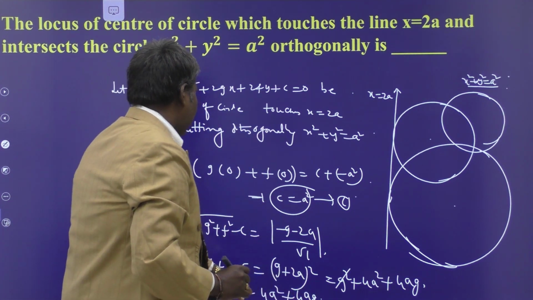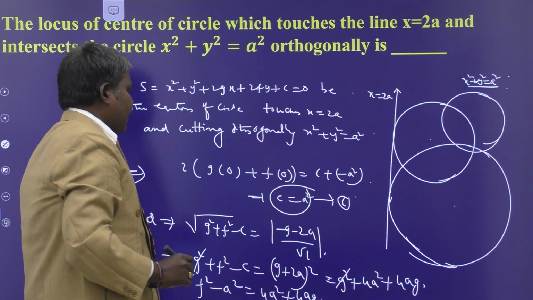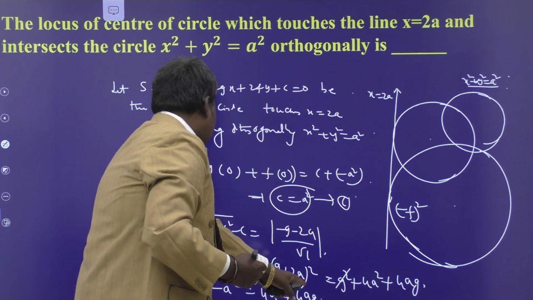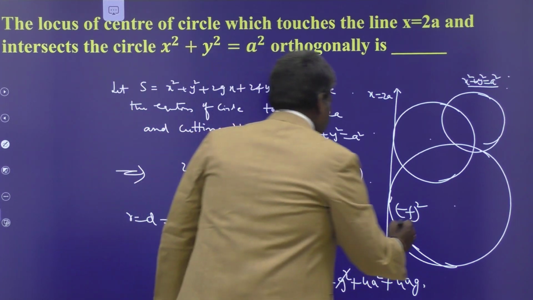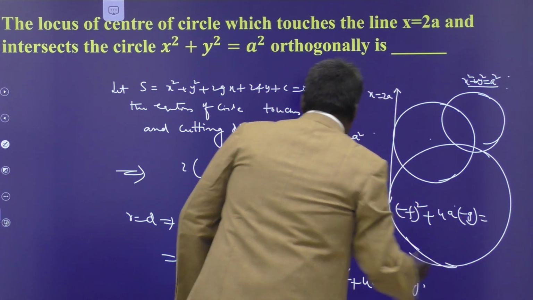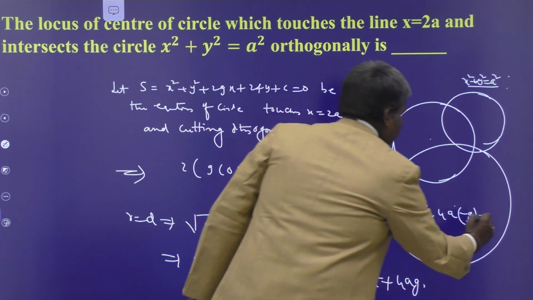Now I am writing this equation as minus f square and minus 4ag, that means plus 4a into minus g, is equal to 5a square.